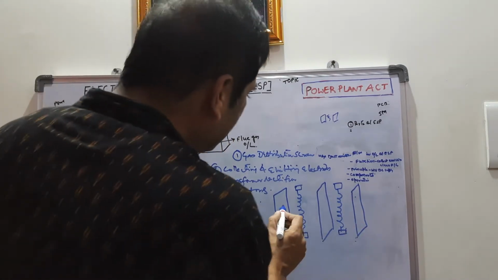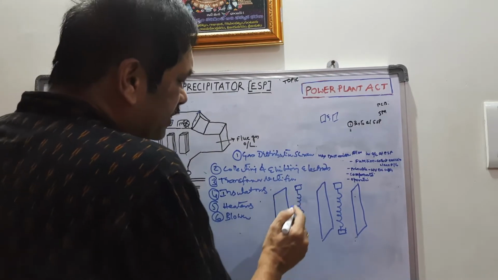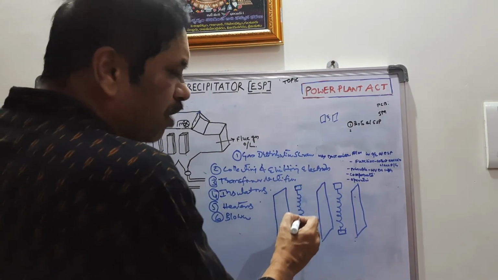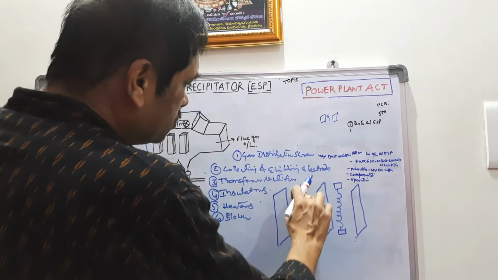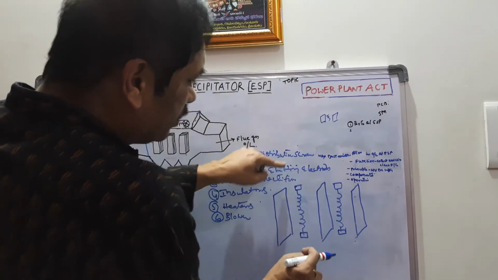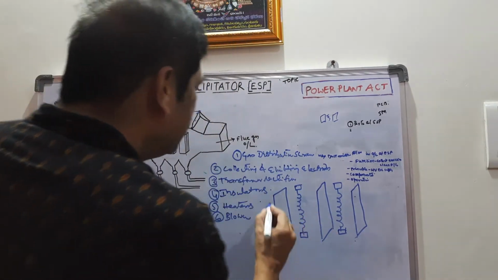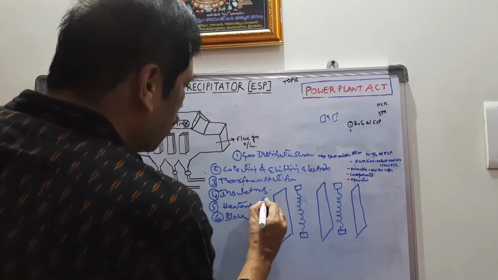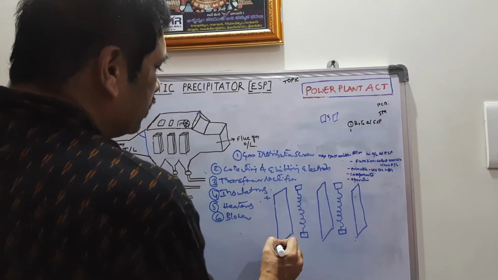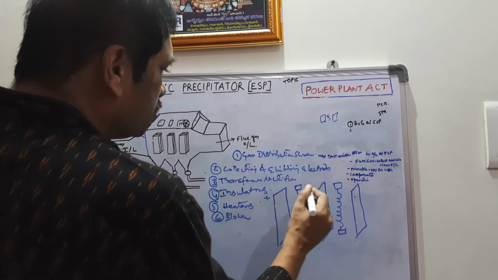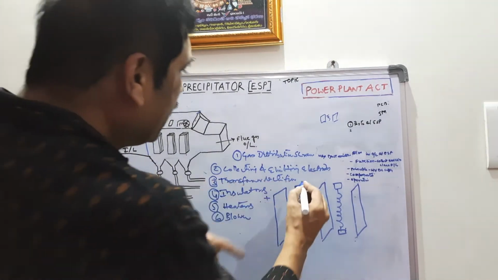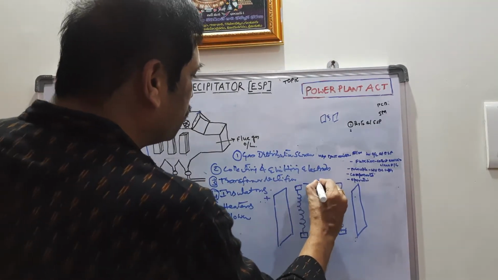These collecting electrodes are in the form of plates, and the emitting electrodes are in the form of springs, and these springs are tied on both ends. The collecting electrode plates are charged with positive, and the emitting electrodes are charged with negative.